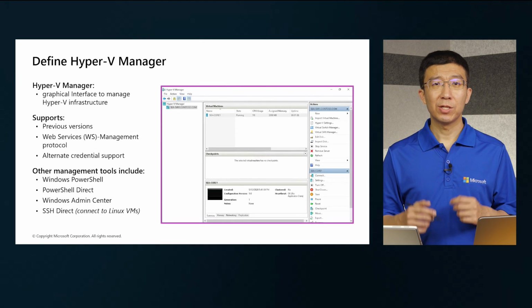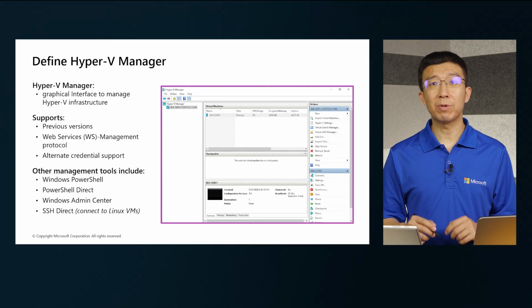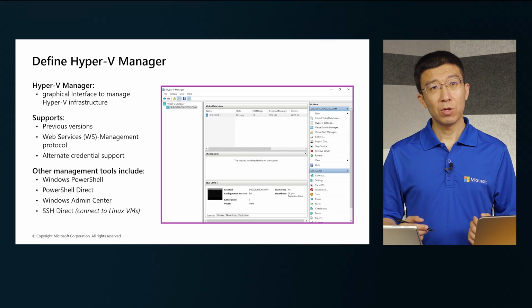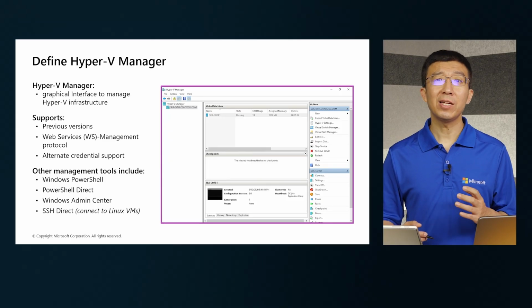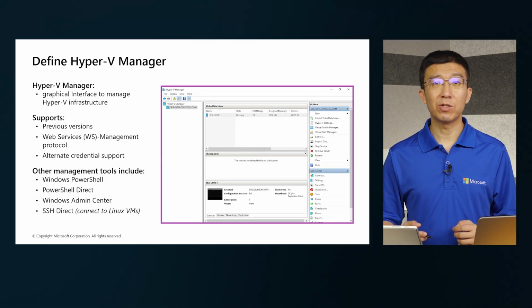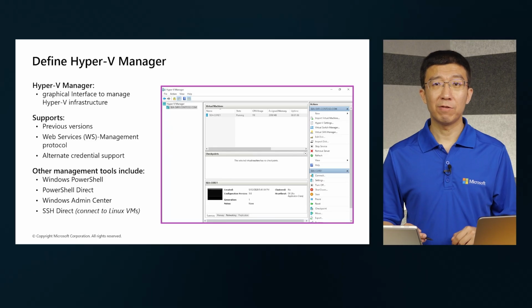Hyper-V Manager serves as the primary graphical interface for managing Hyper-V infrastructure. Through Hyper-V Manager, administrators can create, configure, and oversee virtual machines and virtual switches, access VM consoles, and administer multiple hosts from a unified interface.